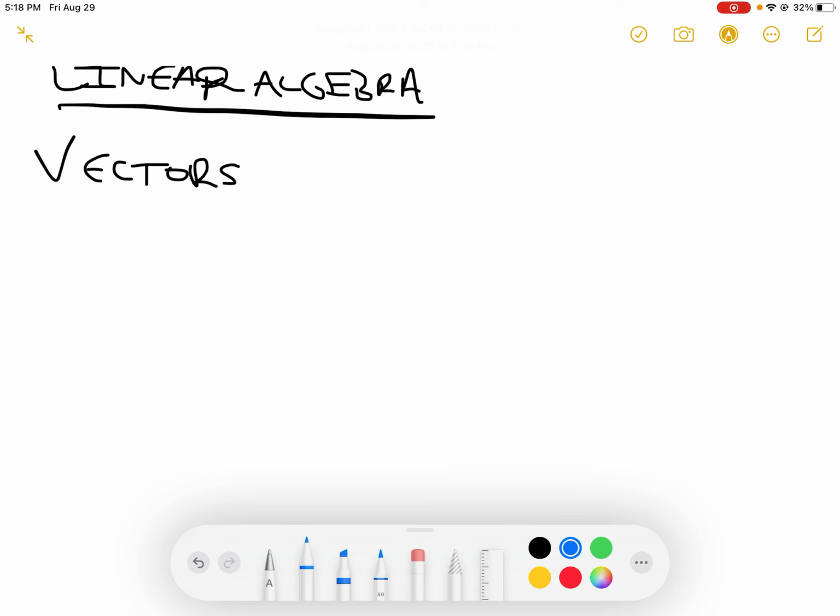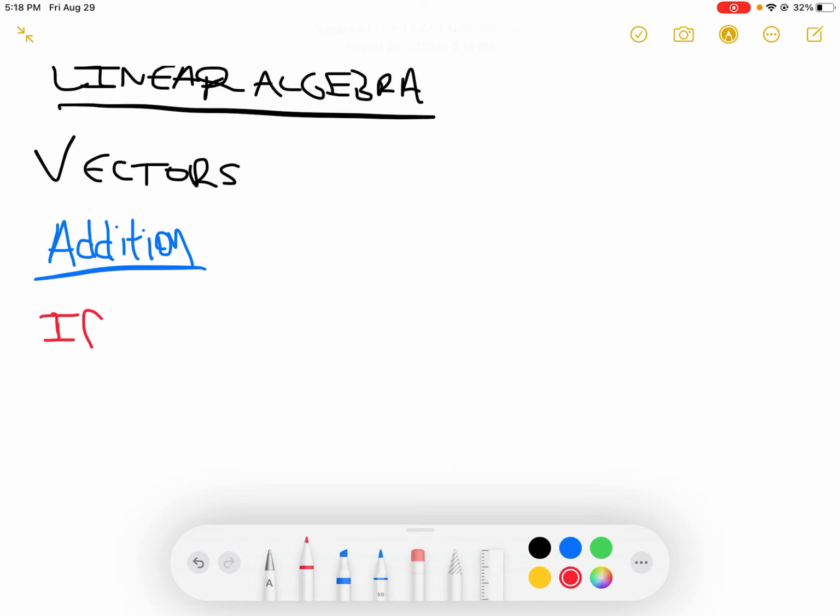But there's different things that we can do with vectors, and we can add them. So there's addition that we can do to vectors. And here's what we're going to write here. So let me just use red.